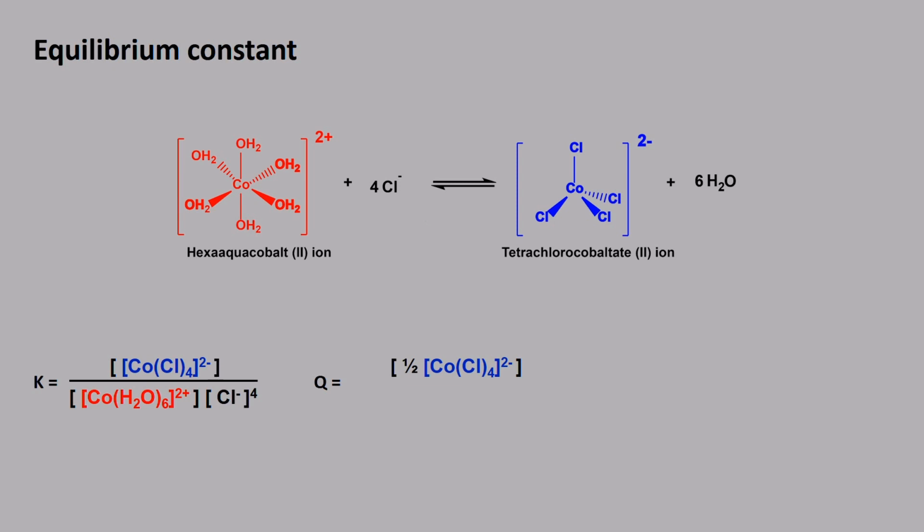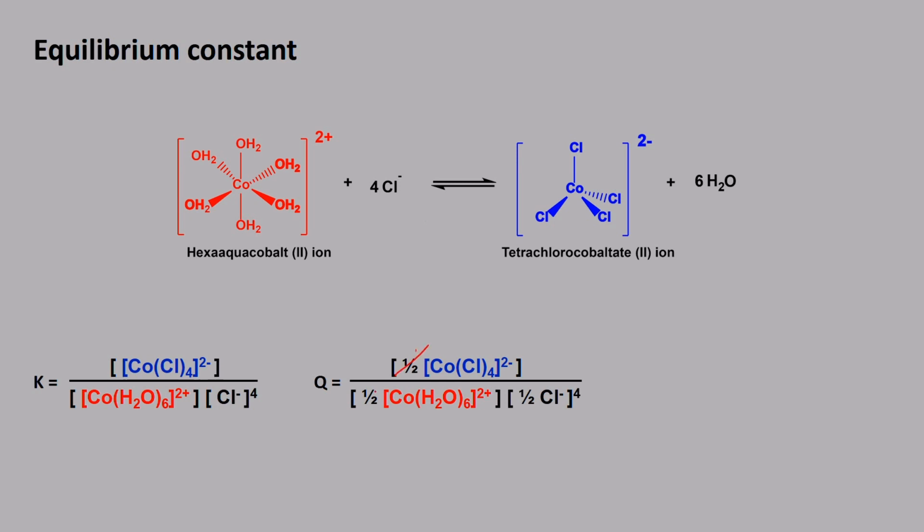So we're doubling the volume. That means we're going to halve the concentration. So now let's write down half the concentration of our product, and we'd also have to write down half the concentration of our hexaaqua cobalt complex, and also half the concentration of our chloride ions because of this doubling in the volume.